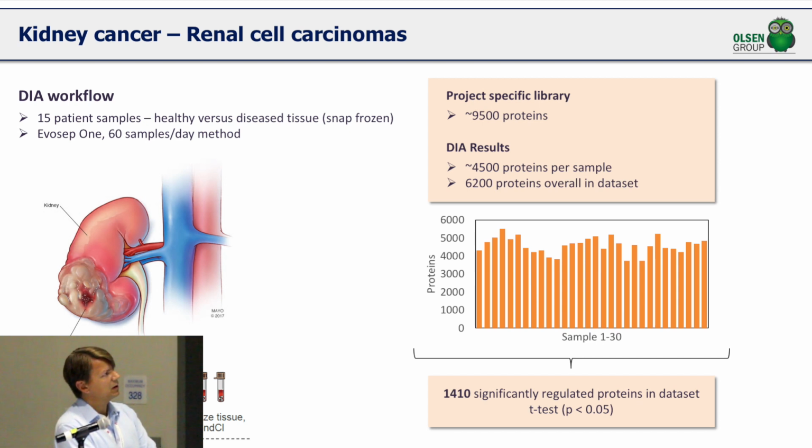And by building first the spectral library, we could again quantify more than 4,500 proteins per sample, or close to 6,000 proteins altogether. And if we do a t-test analysis comparing the healthy versus diseased, we could see that more than 1,400 proteins seem to be differentially expressed.